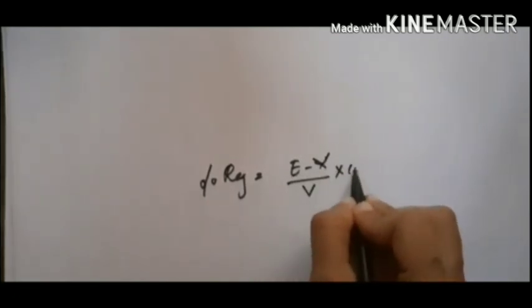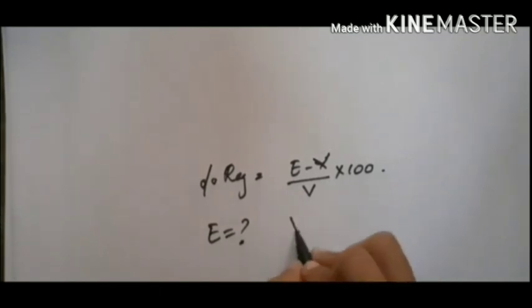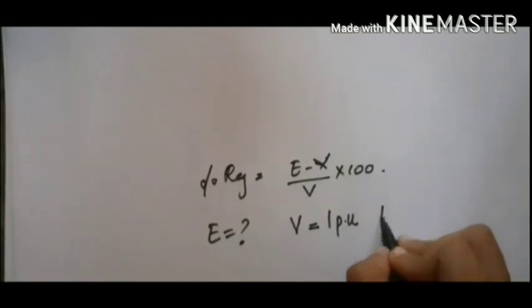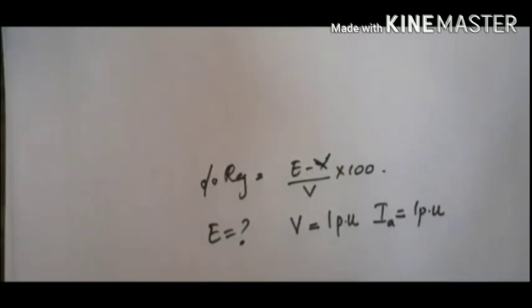Therefore, we have to find the output voltage E. Here, we can assume V is equal to 1 per unit at rated value, and current IA also is equal to 1 per unit at rated kVA, and it is given to be 0.8 power factor lagging.